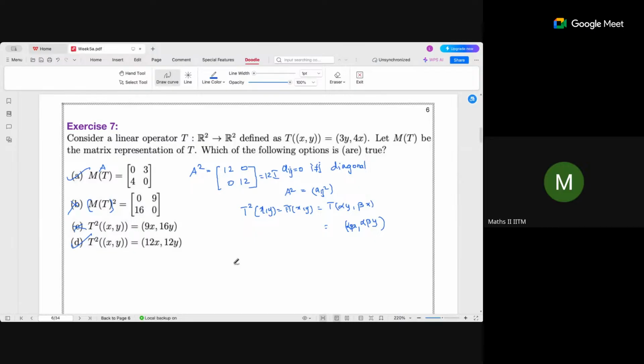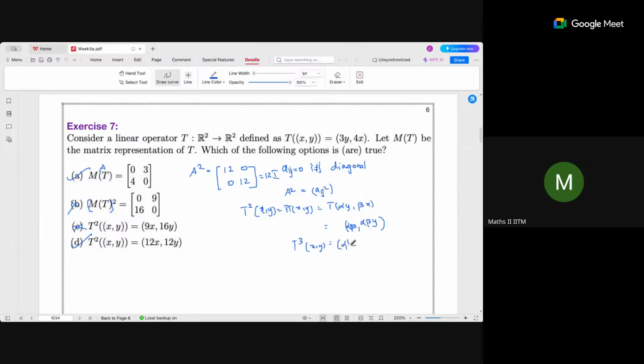Yeah, but hold on. So here, if I take the cube, it's not going to get swapped. So I don't think odd powers will take this structure. After this, all powers are going to be just this diagonal matrix only. You see, because what happens here? T cube of x comma y. Oh, I'm applying this. Yes. So you see that T cube of x comma y will be reversed.